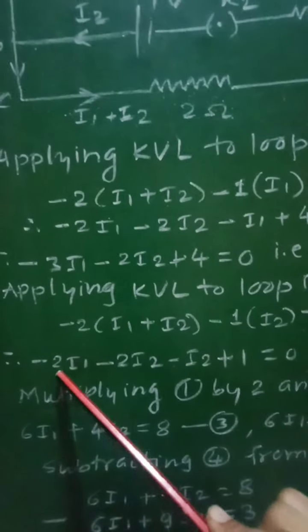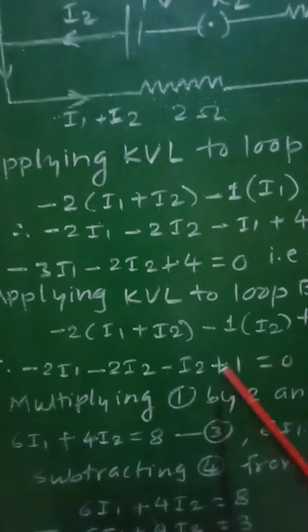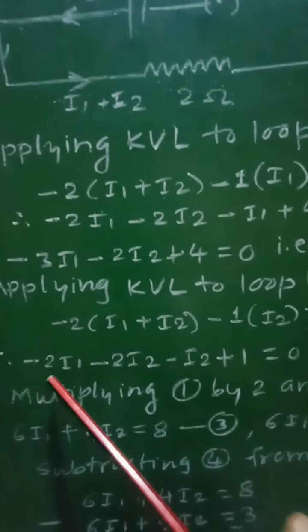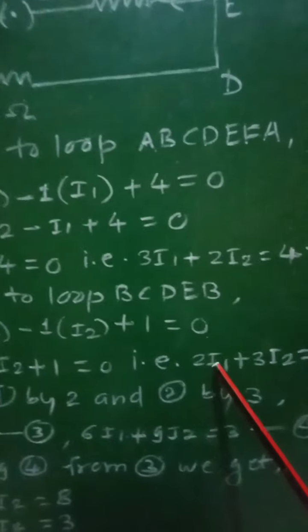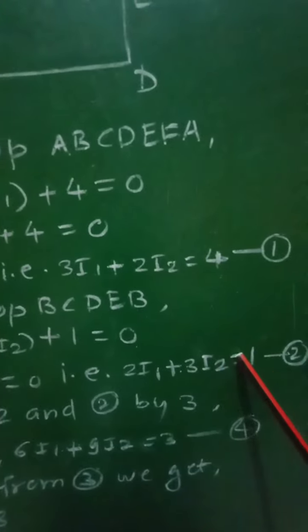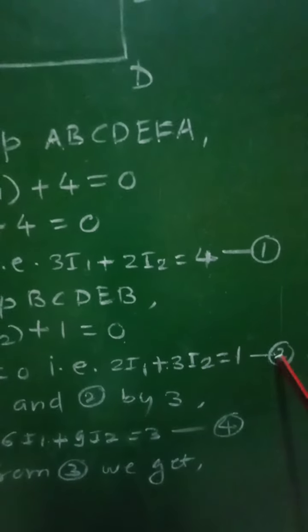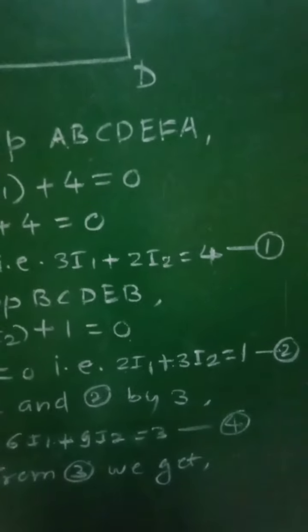Now, minus 2 I1 minus 3 I2 plus 1 equal to 0, which will be written as 2 I1 plus 3 I2 equal to 1, equation number 2. 2 I1 plus 3 I2 equal to 1.